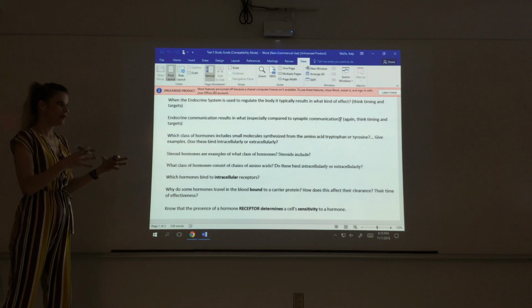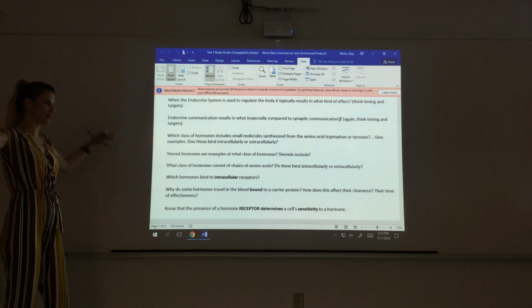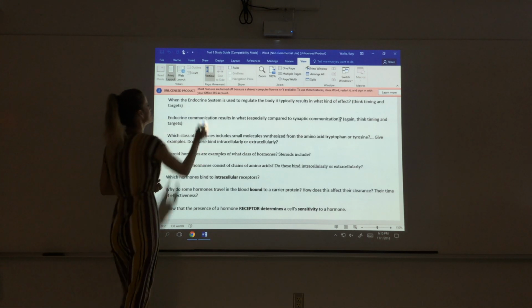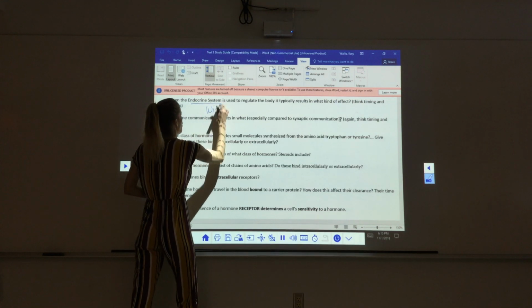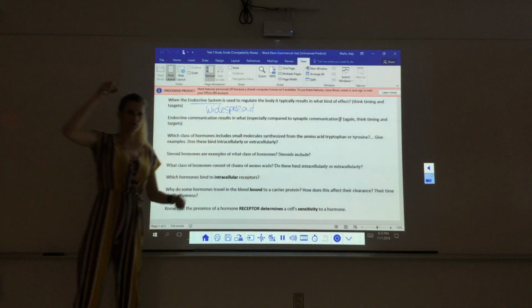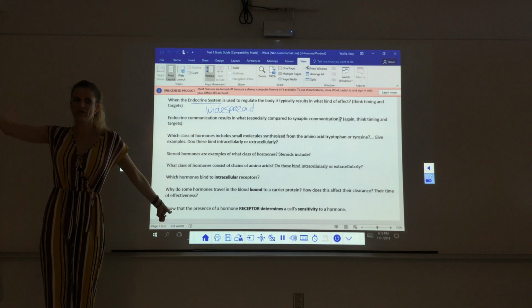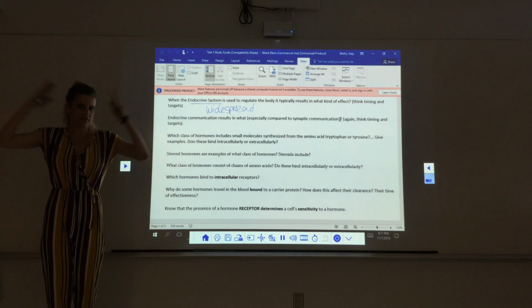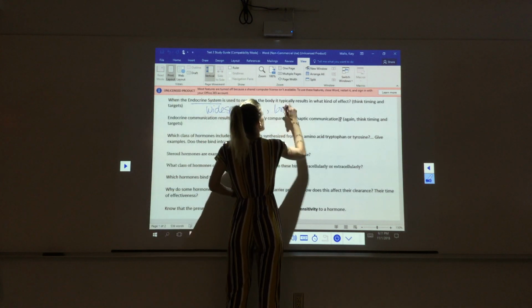So think timing, like how long it lasts, and then the targets, if they're widespread or narrow. So endocrine system results in a widespread effect, meaning if I release a hormone here, I can affect cells all over my body, right? It's not just right there that I'm affecting. A widespread effect, and then we said long-lasting, right?